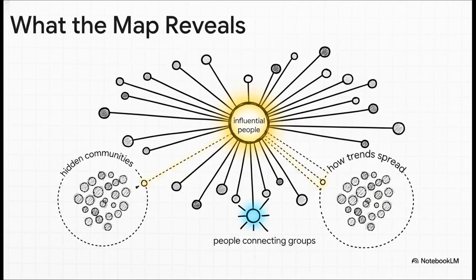So what can this map actually show us? Oh, a ton. We can instantly see who the most influential people are. Those are the nodes with the most connections. We can find hidden communities and little friend groups you didn't even know existed. We can literally trace how a meme or a piece of news spreads through the network. And maybe most importantly, we can pinpoint those key people who are the bridges connecting completely different groups.